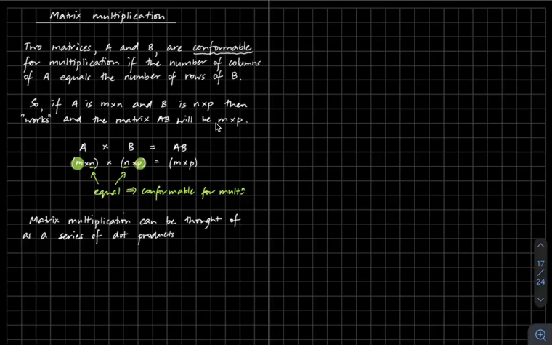And if we keep using the matrices A and B, then it's a series of dot products of the rows of A with the columns of matrix B. So what does that look like?